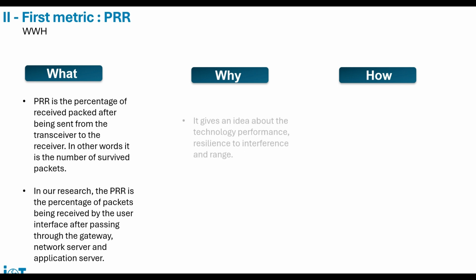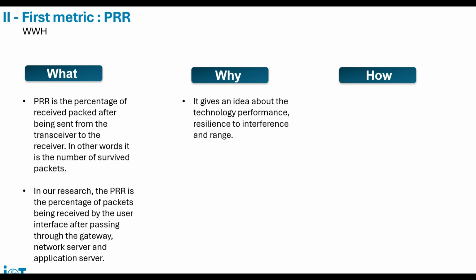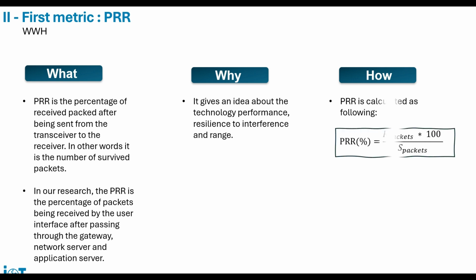Why is this metric important? Because it gives an idea about the technology performance, resilience to interference, and range. And this is how we can compare both technologies and say, okay, the technology having the better percentage of packet reception rate is meant to perform better. How are we doing this?